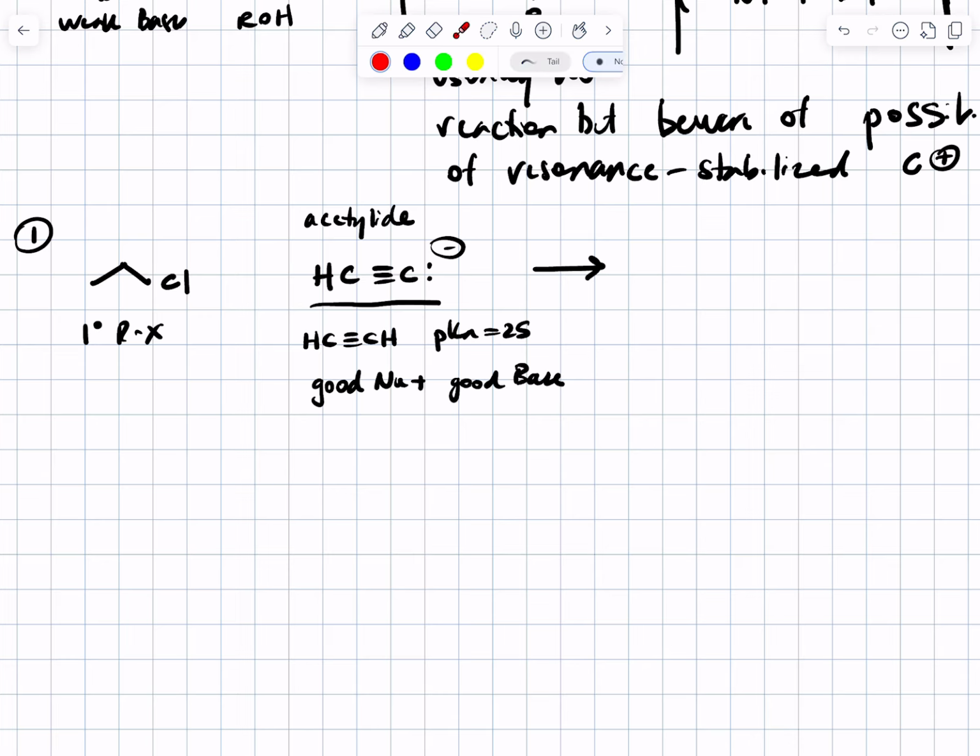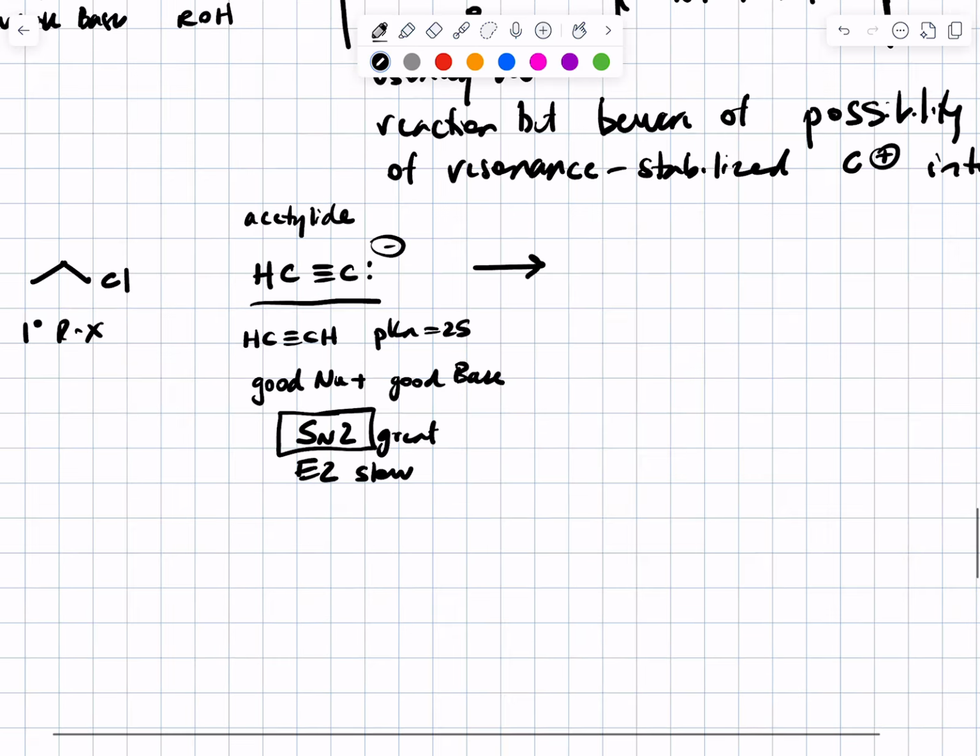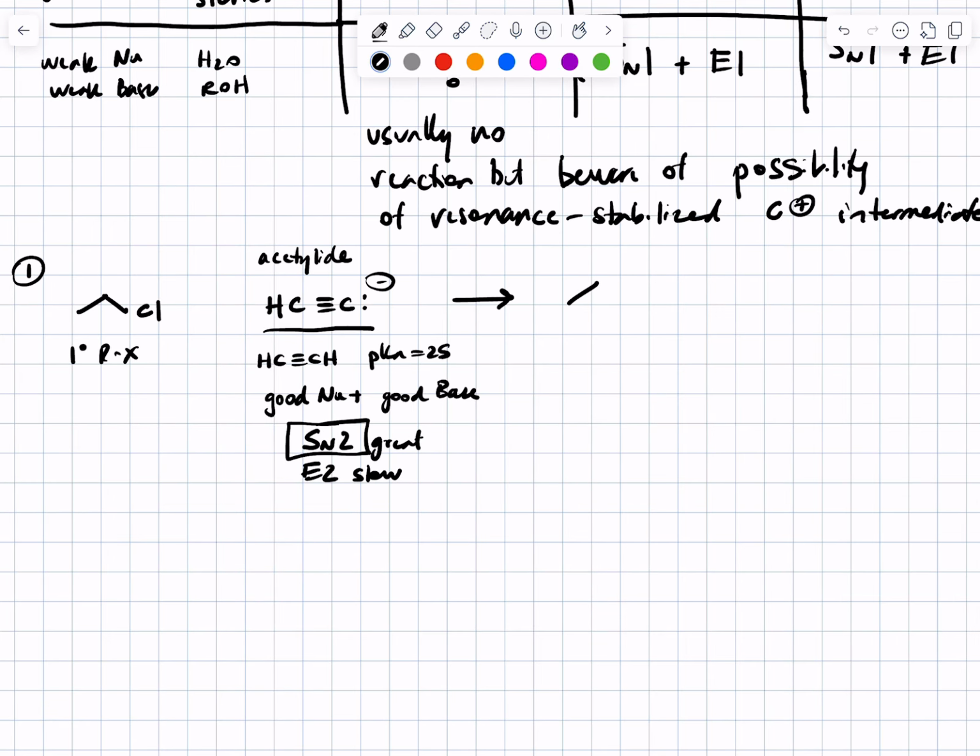So what do you predict for a primary alkyl halide? SN2, because SN2 is great, it's super fast, but E2 is slow for the primary alkyl halide. So that's SN2 only. So you expect to get this as your major product, okay?